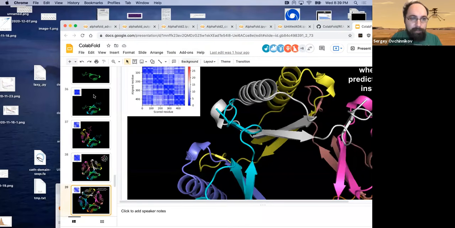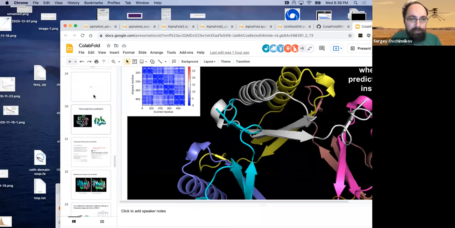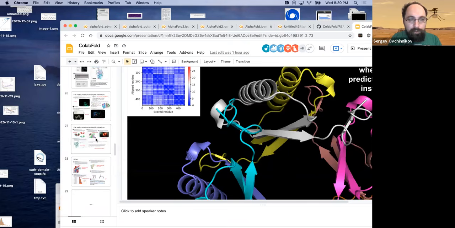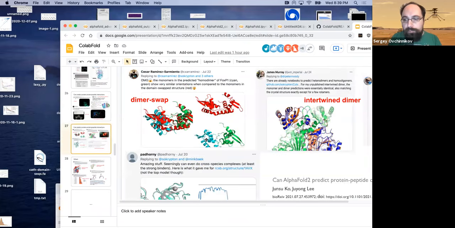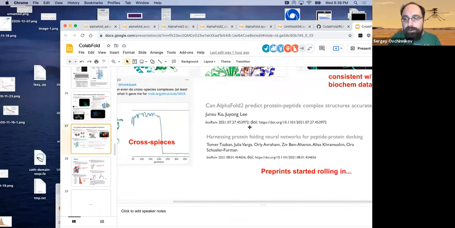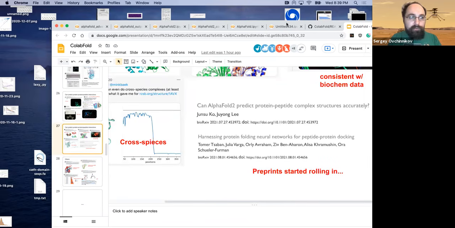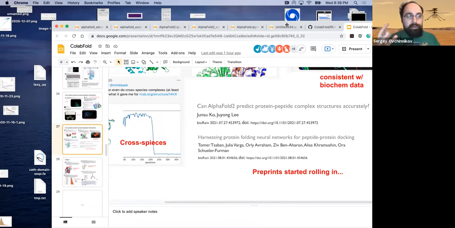I believe I linked 2 preprints here where they actually did benchmark protein-peptide complex prediction, and I would recommend looking at these 2 papers. This is not homo-oligomer protein, this is protein-peptide, but it might give you some sense of how well it understands these things.